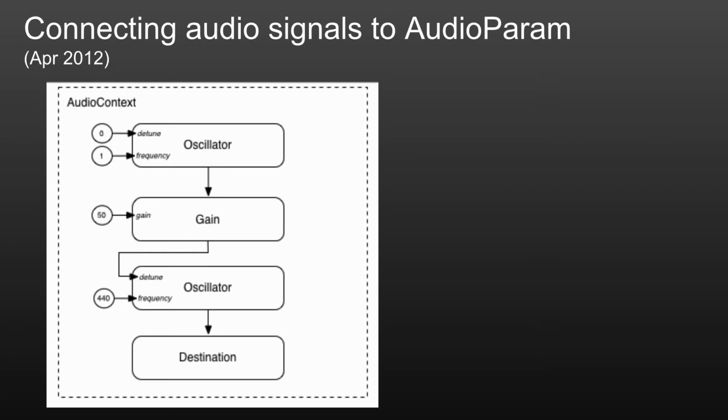So in this example, we have an oscillator that's running at 440 hertz, and it's being detuned by a second oscillator that's running at 1 hertz, and it's sweeping from minus 50 cents to plus 50 cents at 1 hertz. So it's an LFO modulating the pitch. It's powerful to be able to not only use the automation APIs of audio param, but also to be able to connect audio rate signals.